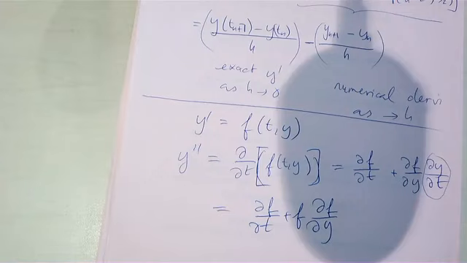If you remember Taylor expansion of two variables, you take the partial with respect to the first variable, with respect to time, and multiply with its increment. Then take the partial with respect to the second variable and its increment, and then some higher order terms.